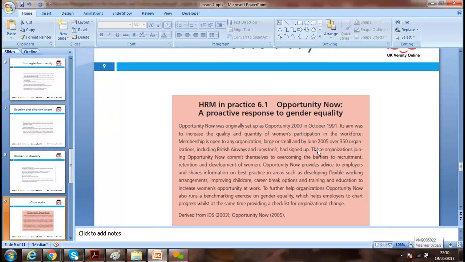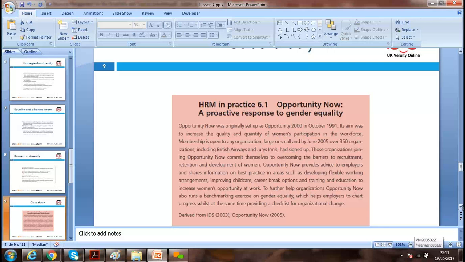In 2000, research was conducted with 350 organizations, including British Airways and one of the big hotel chains. The organizations joined Opportunity Now to commit themselves to overcoming the barriers of recruitment, retention, and development of women, because there was less participation of women in certain sectors. Opportunity Now was provided to advise employers and share information and best practices in areas such as developing flexible working arrangements, improving child care, career break options, paternity and maternity leave, and education to increase women's opportunity at the workplace.